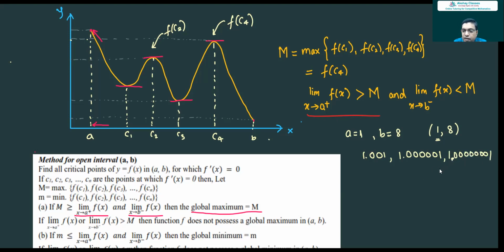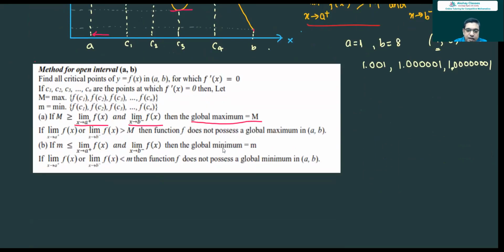Can you define? No, there are infinite numbers. So you cannot pinpoint a maximum value. f of x is tending to f of a but not equal to f of a. Therefore, we say a function does not possess a global maximum. Understand?